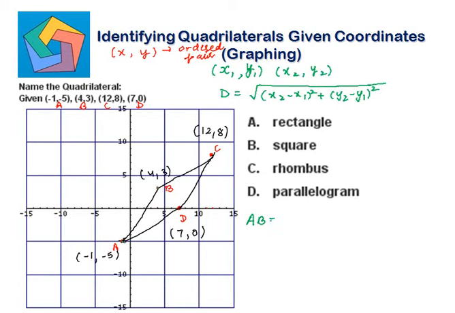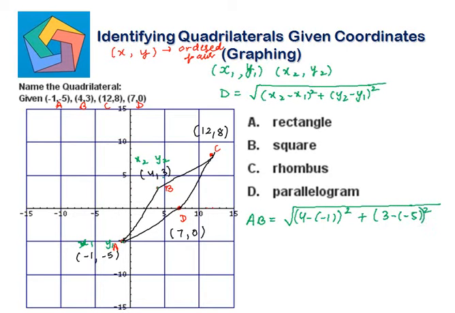So length of AB will be the square root of (x2 minus x1) squared plus (y2 minus y1) squared. We can take any coordinate to be (x1, y1) and any coordinate to be (x2, y2). That's up to us. So x2 minus x1 squared means (4 minus -1) squared, plus y2 minus y1 squared means (3 minus -5) squared.